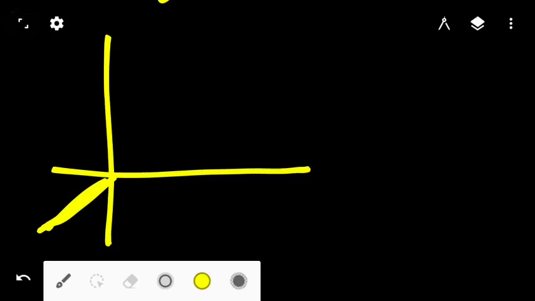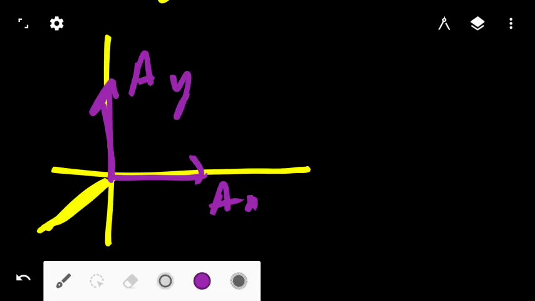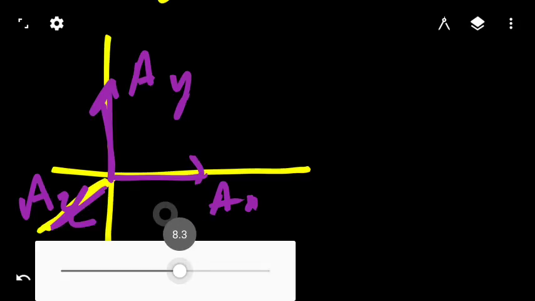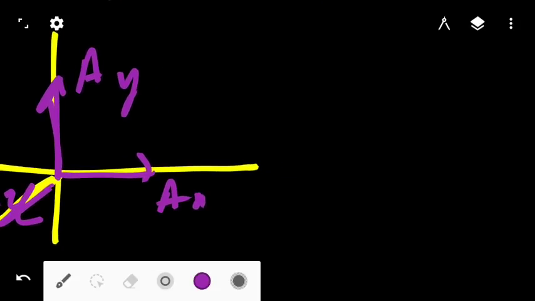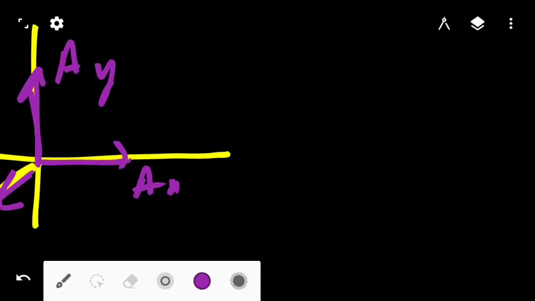So if you're given the three components of this vector, ax, ay and az, now to find the magnitude, it is just like when we find the magnitude of any other vector.